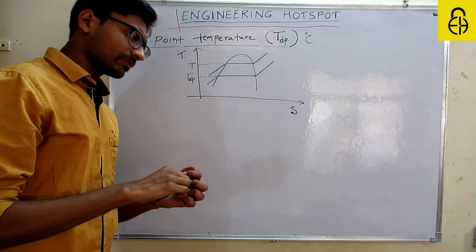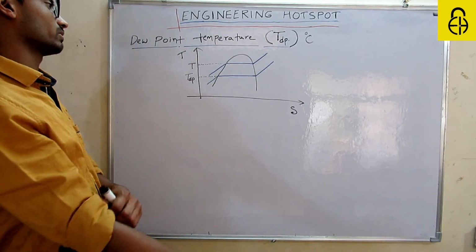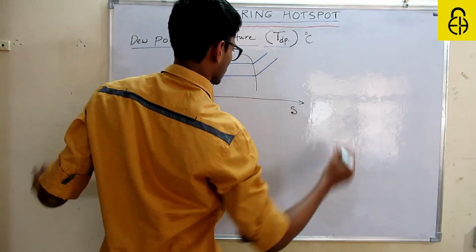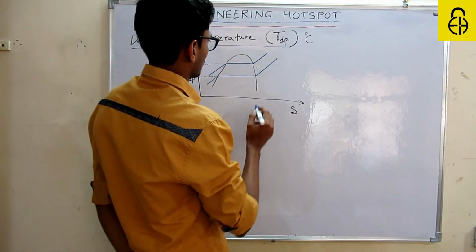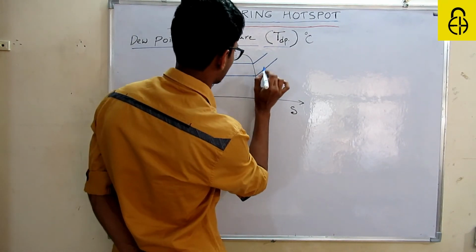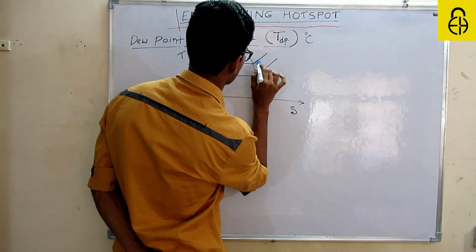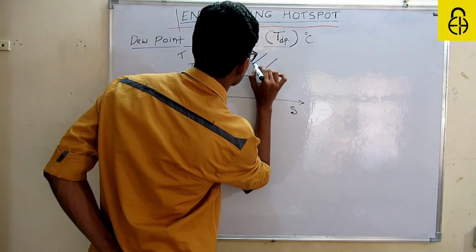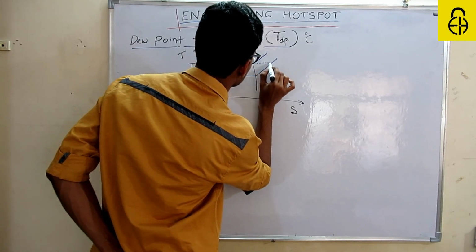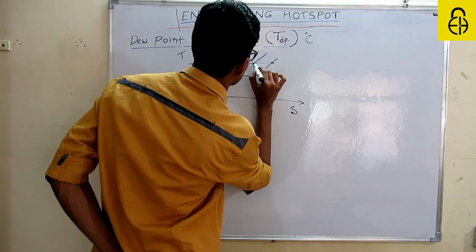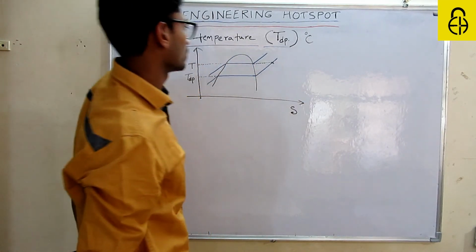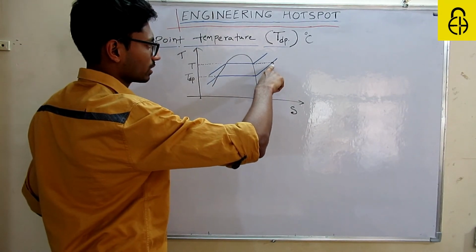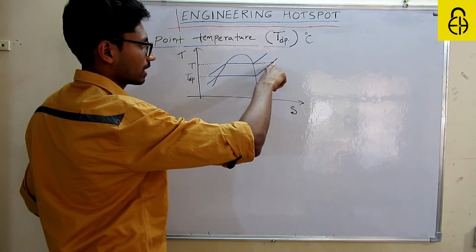Suppose you have an unsaturated condition, a mixture that is unsaturated. Suppose somewhere here you have an unsaturated mixture of vapor and air at this point.